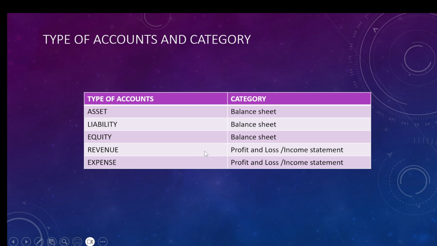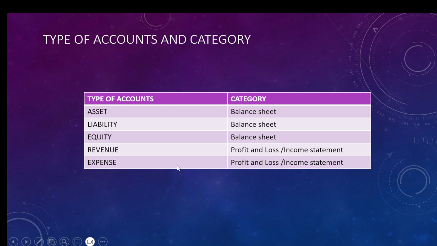I buy it for 100, I sell it for 120 bucks. When I sell, I record that transaction under a revenue account. That's why it is called revenue, and it is part of the profit and loss or income statement category. And expense is also part of the profit and loss and income statement category.